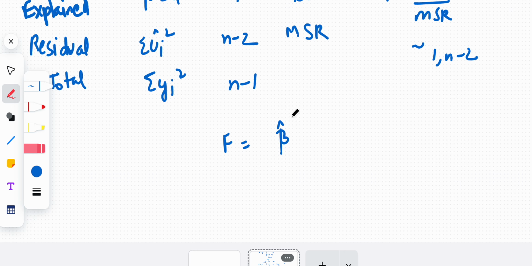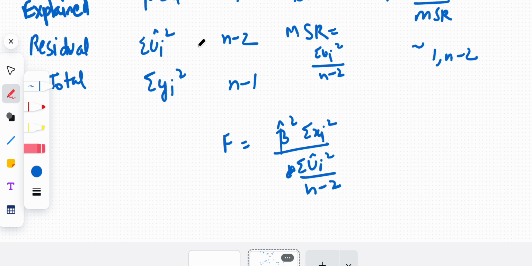You can write this, because it's mean, as n minus 2 beta cap square summation xi square upon summation ui square. Now one ultimate result that you must note down from it is that F is equal to t square, and this is how we can test the estimation.